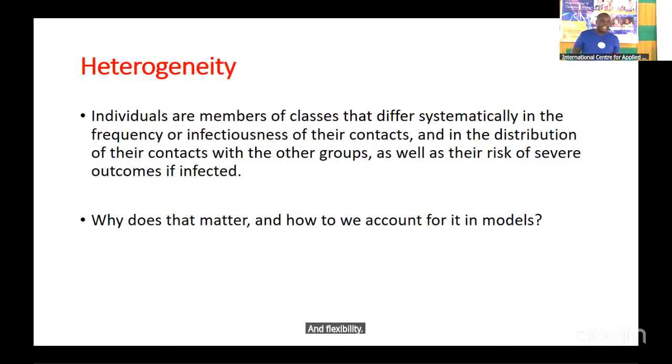Now, if a model is going to be very realistic, it has to go beyond transparency or being flexible. It has to begin to be more complex.